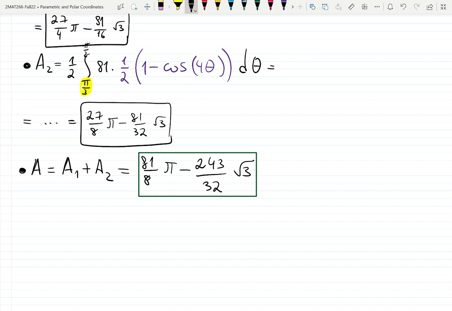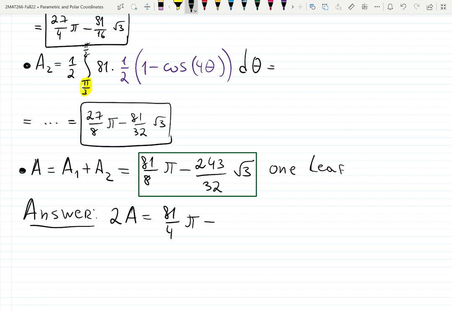The answer will be just double this result. Answer for this was 1 leaf, right? 1 leaf. Interesting that for a leaf we're using F, but for many leaves using V. So 2 leaves will be 2 multiplied by A. And if you want to simplify that, 81 over 8 times 2 simplifies to 81 over 4 pi minus, and 32 times 2 simplifies to 16.